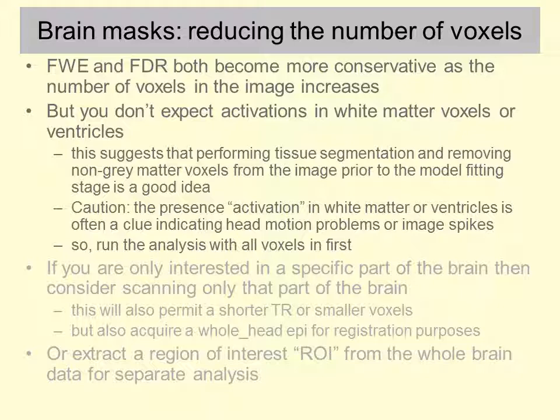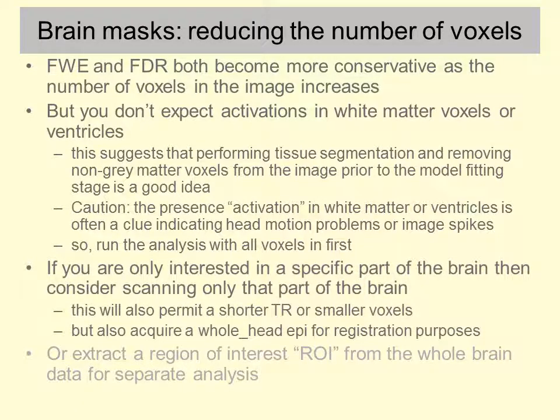Now, if you are going to do this, then it's probably a good idea to first run the analysis with all your voxels in and then run it again after the brain mask has removed the non-brain voxels, because sometimes you pick up activation in places where it really shouldn't occur, such as in the white matter or the ventricles, and those false activations can be a clue to the presence of head motion problems or image spikes that you might then want to do something about.